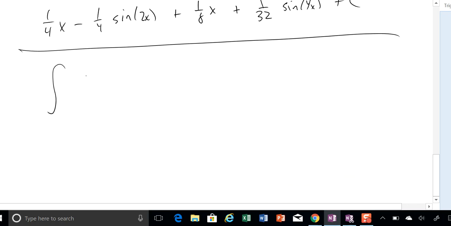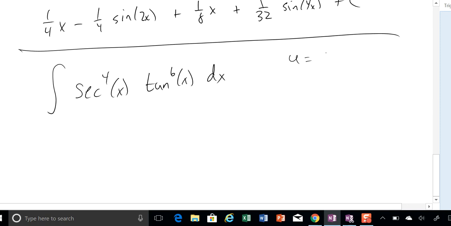Let's do the antiderivative of secant to the 4th x tangent to the 6th of x dx. Alright, secant to the 4th tangent to the 6th. And again, I'm going to think, well, something's going to be a u, and I have to take the derivative of that.